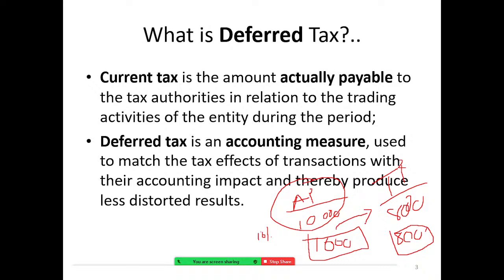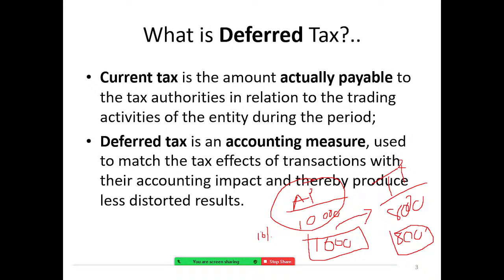For example, for machinery, motor vehicles and furniture, what is the capital allowance rate? Five years, 20%.